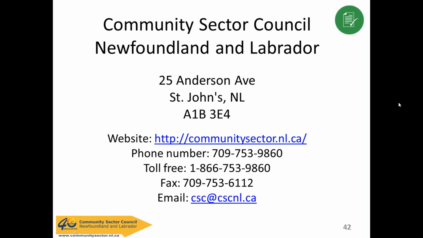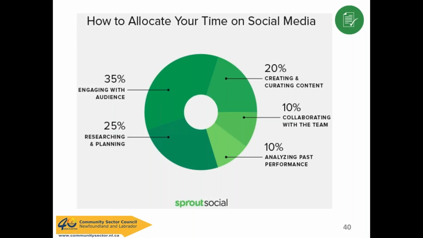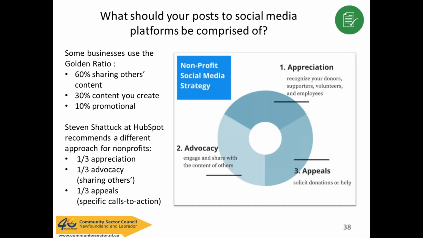So another question is asking, could you put up the slide again about nonprofit content percentage? Okay, I'll just go back. Are you referring to this slide? I think it might be. So this was from Stephen Shattuck at HubSpot.